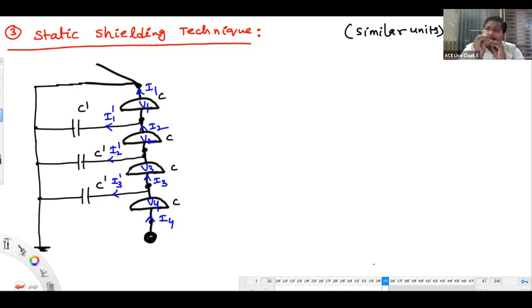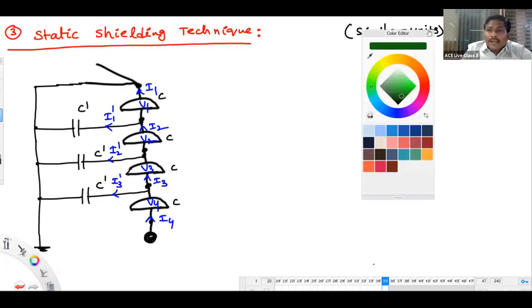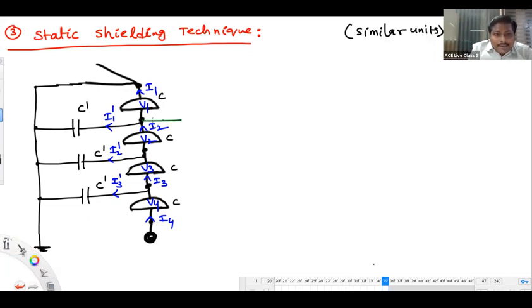For example, if you are capable to inject some current into metal link 1 to match with I1 dash, then those two will be cancelled out and I1, I2 will be equal. V1, V2 will also be equal.